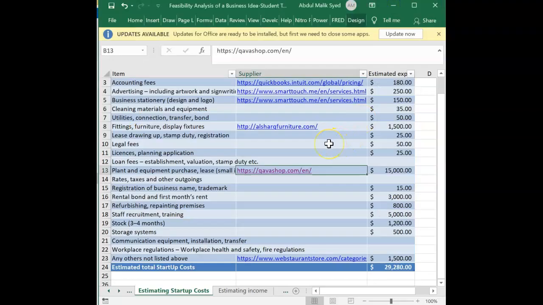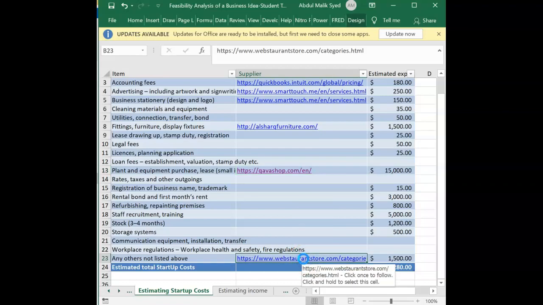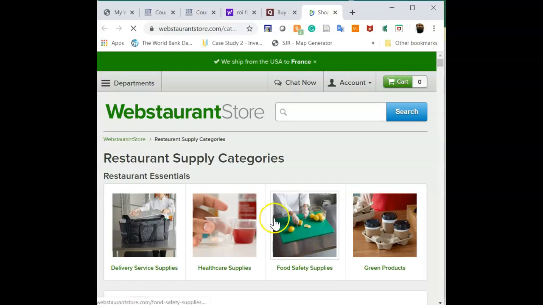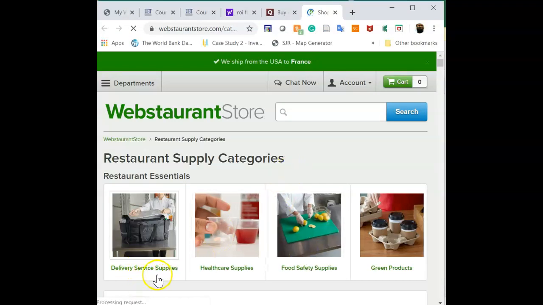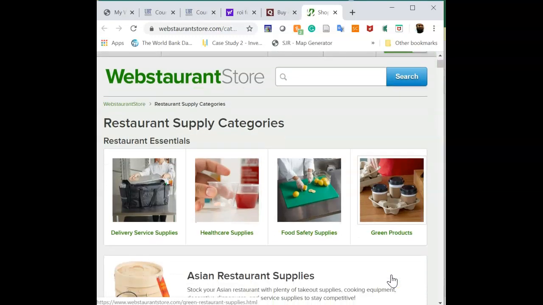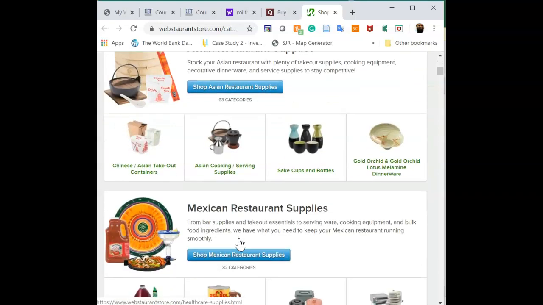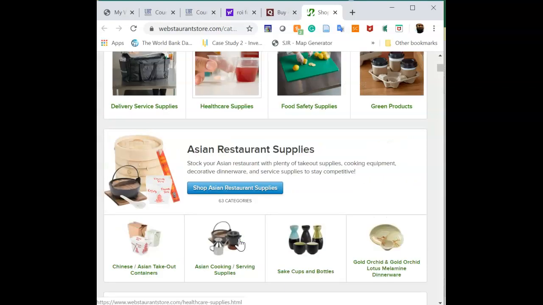Similarly, if you talk about different kinds of businesses, you can get much information here, different categories of information. In fact, they are talking about delivery supplies, healthcare supplies, food safety supplies, green products. This is for restaurant businesses, and these are Asian style, Mexican style restaurants.